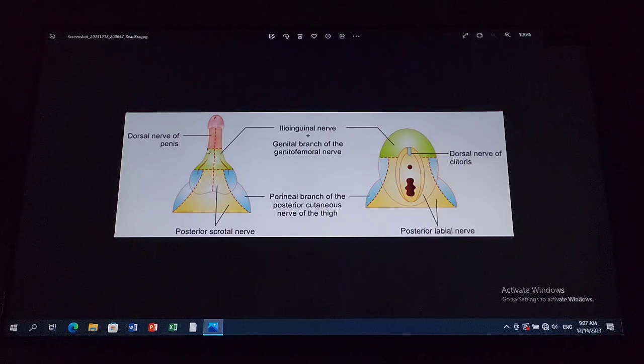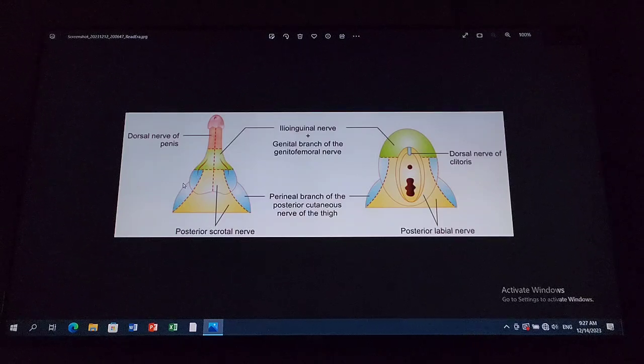The distal shaft, the root of the shaft of the penis or clitoris, and the posterior wall of the scrotum or the labia majora. هذه الأسئلة المهمة الشائعة بالبرينيوم.